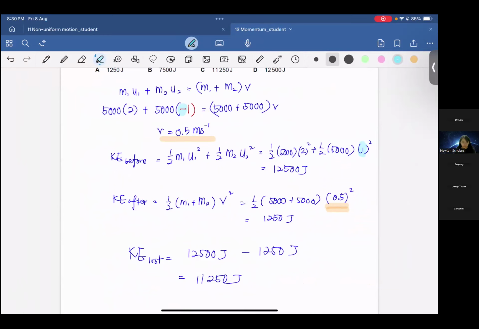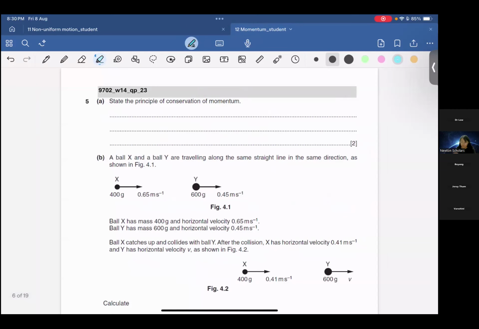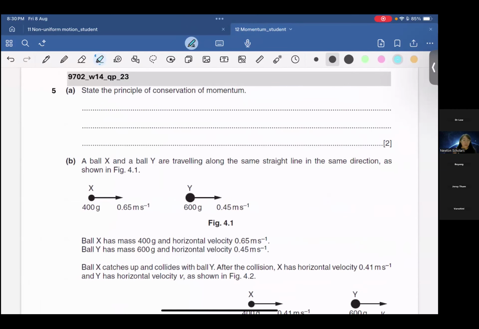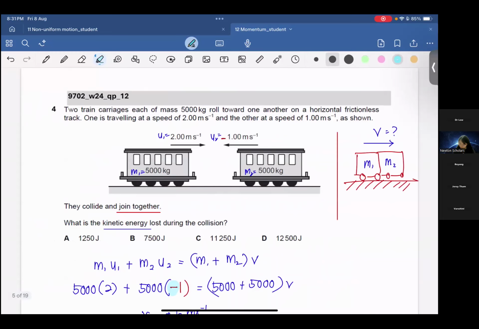State the principle of conservation of momentum. For a closed system, total momentum is constant provided there is no external force acting on the system. If we come back to this question, can you see that here it is a frictionless track? There's no friction.